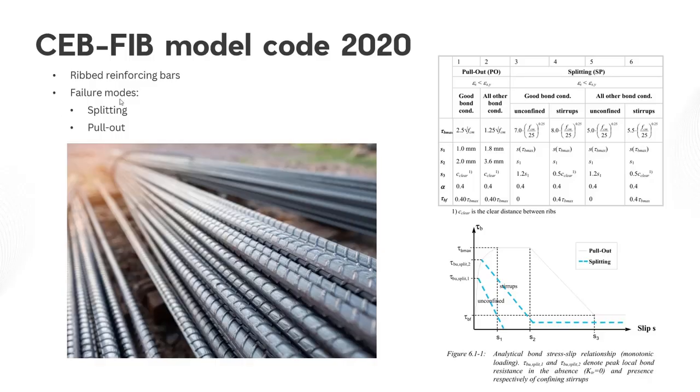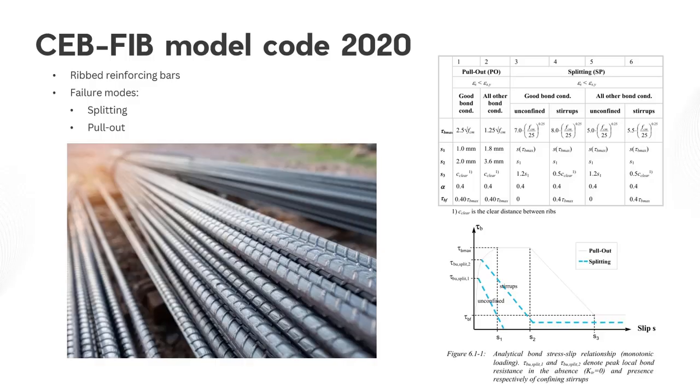On the other side, the splitting failure, which will be the content of today's session, is basically the opposite. It happens when the concrete has insufficient confinement: there is less reinforcement and the cover is insufficient.